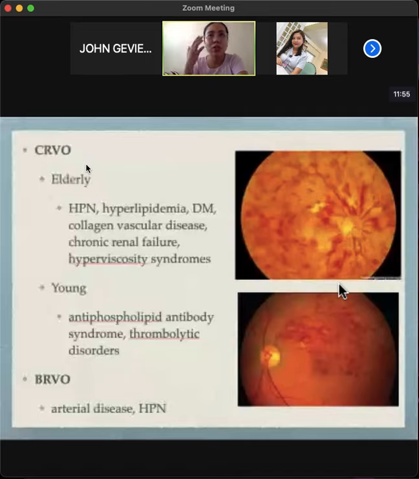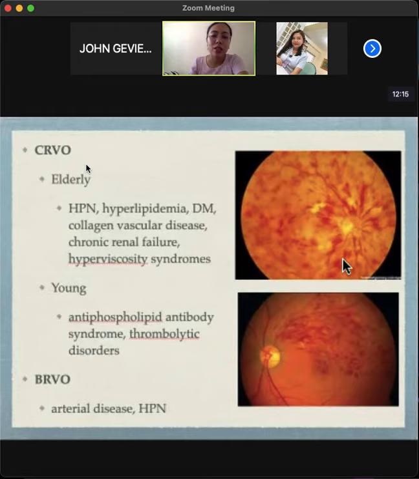So the patient would complain of sudden blurring of vision again, and in CRVO, this is a classic finding. You would see a lot of hemorrhages in all quadrants with optic nerve swelling, compared to BRVO, which again only involves half of the retina.